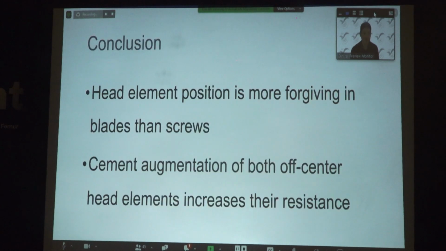So the conclusion from this study is head element position is more forgiving in blades than screws. So once again, when your guide wire is off center, consider using the blades. But if you cement augment both off center head elements, it increases your resistance. So even if you're off center and you might use the screw rather than blades, just think about using cement, and that would really help you from the trouble.